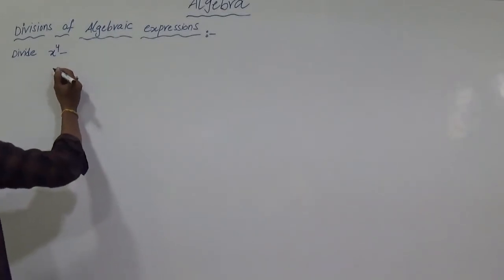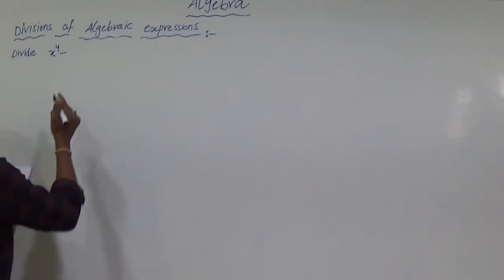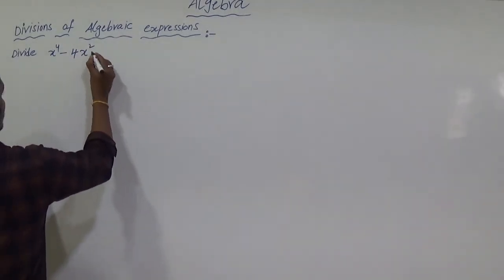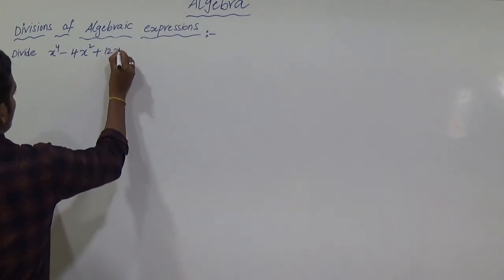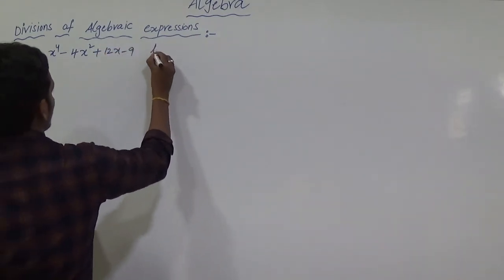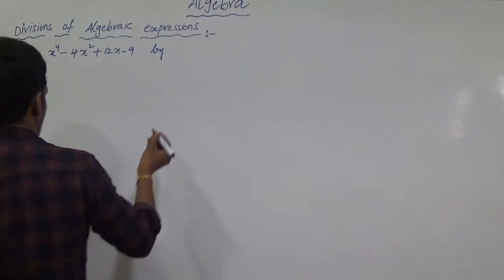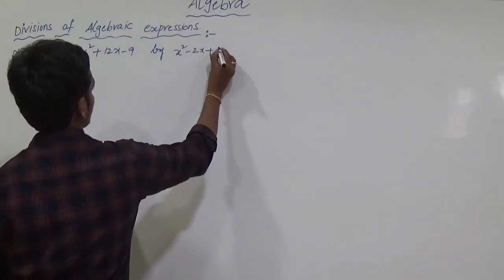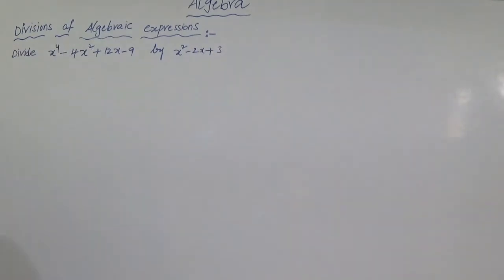Divide x to the power of 4 minus 4x square plus 12x minus 9 by x square minus 2x plus 3. We are dividing these two.